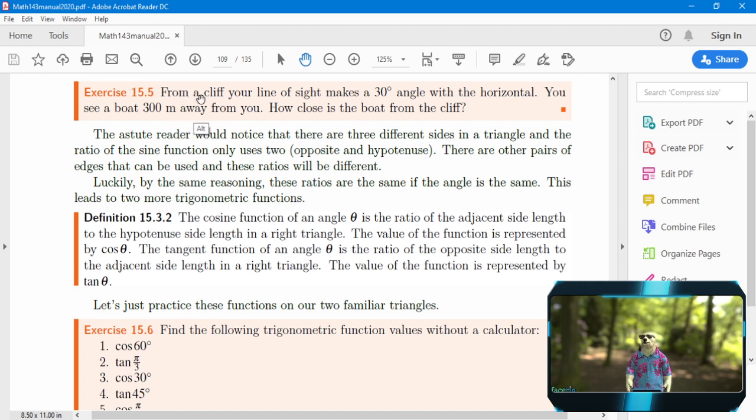From a cliff, your line of sight makes a 30-degree angle with the horizontal. You see a boat 300 meters away from you. How close is the boat from the cliff? Now, often some diagrams would help a lot to visualize the situation.